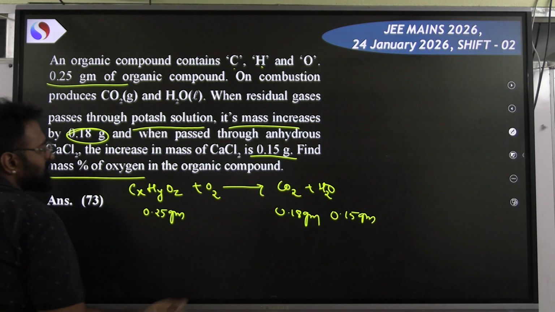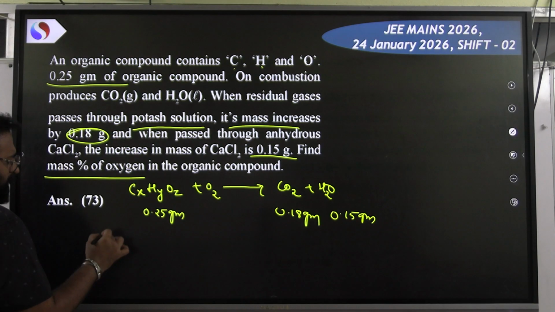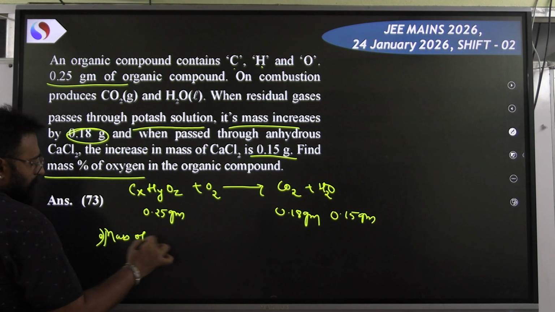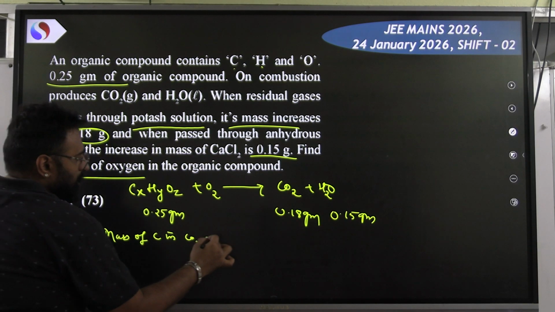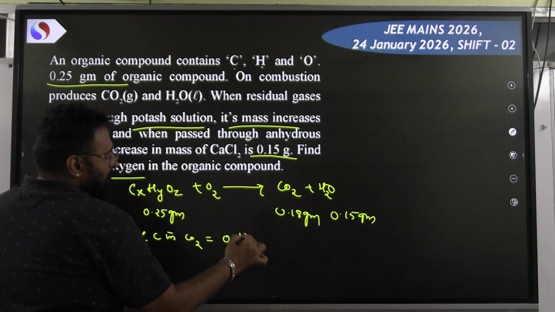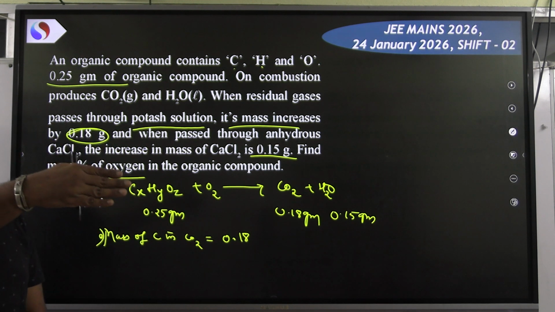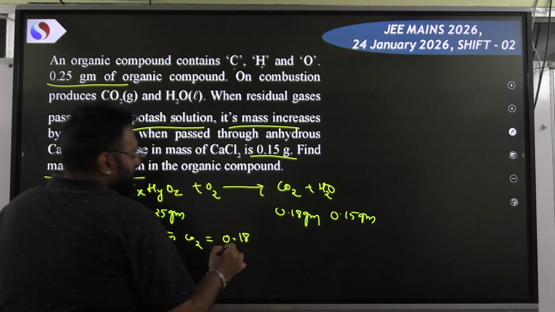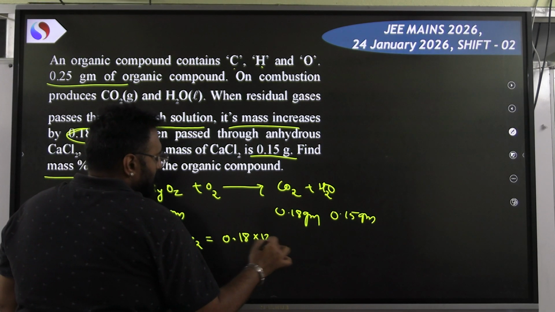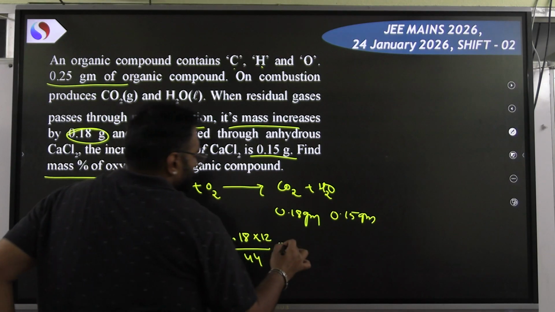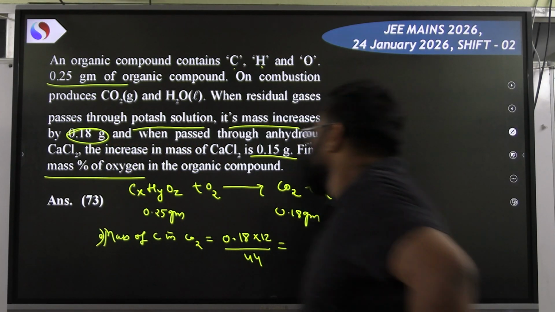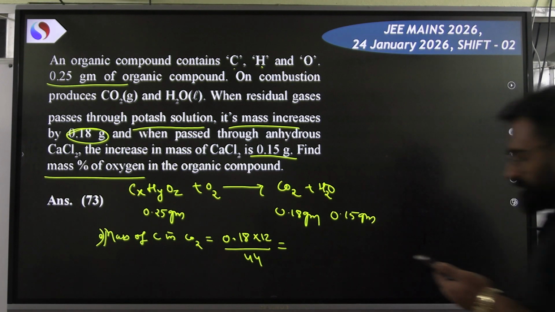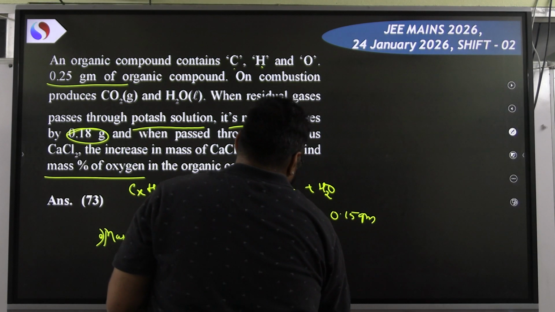So let us solve all, this is a bit of lengthy calculation. So mass of carbon in CO2 will be how much? What is the formula? Simple, 12 grams in 44 grams, so 0.18 grams. So 0.18 into 12 by 44. So this will be mass of carbon in CO2. On calculation of this, we will have nearly 0.05 grams.